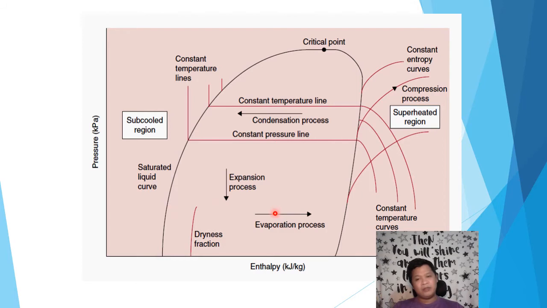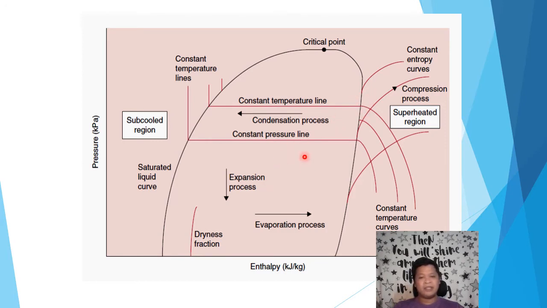Then in your compression, you usually have the constant entropy curves going towards the superheated region. And ito yun. And in your condensation, you have a decrease in enthalpy. If it's saturated vapor to saturated liquid, there is no change in temperature. Otherwise, meron, no? And then you repeat the process again. So you have an almost rectangular profile except for compression na you follow the constant entropy curve.